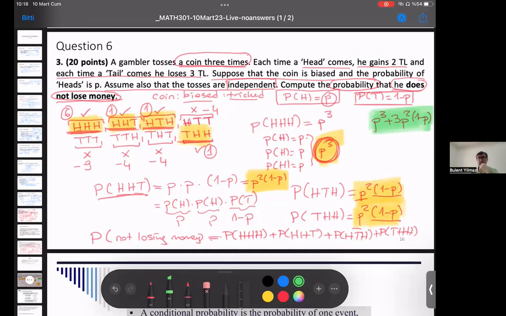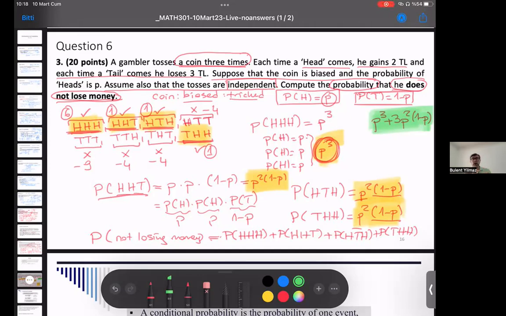Any questions at this point? So what did I do? I checked all possible outcomes when I flip a coin 3 times, all the possible outcomes. Then I checked for each outcome, do I lose money or gain money? If I lose money, I just cross it out. I keep the ones that are related to gaining money.